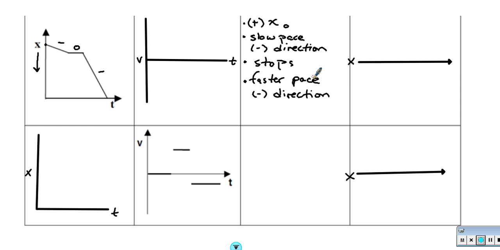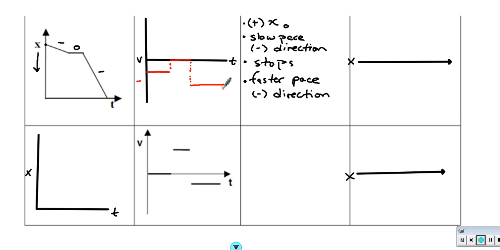So we want to show that most of the velocity time graph is going to fall below the t-axis, where we have our first horizontal segment of constant motion closer to the t-axis. Then we're going to go up to the 0 where there's no slope, no motion. And then with the faster motion, we're going to drop further down beneath the t to show that it's moving with a faster speed, and yet still negative.